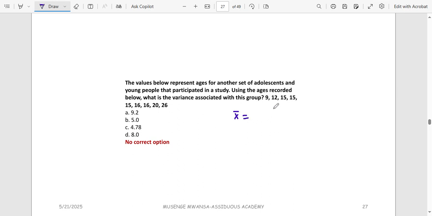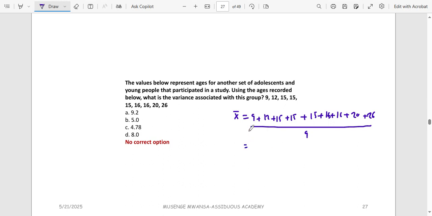The way you find the mean is you add these terms: 9 plus 12 plus 15 plus 15 plus another 15 plus 16 plus 16, and then plus 20 plus 26. You divide by how many there are. So that's 1, 2, 3, 4, 5, 6, 7, 8, 9.